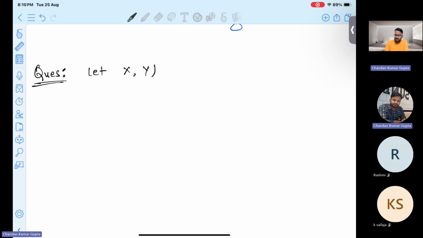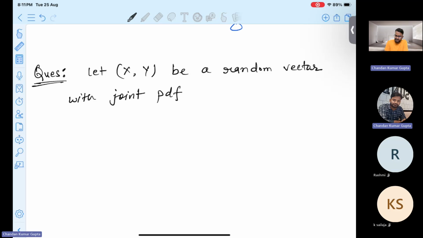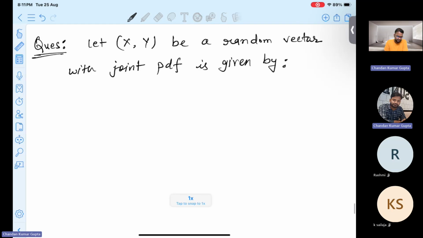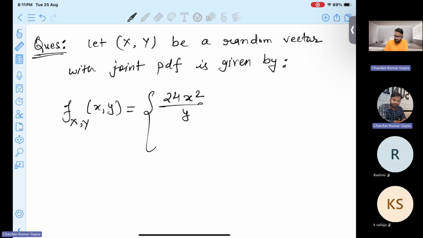Let x and y be a random vector with two variables, with joint probability density function given by 24x square upon y cube, when x can take values in this range and y is greater than 2, and 0 otherwise.